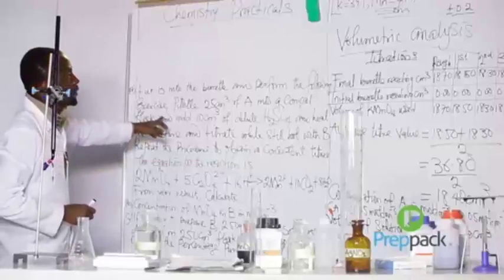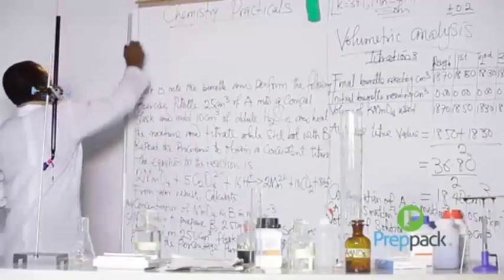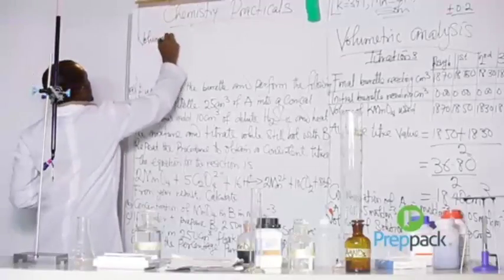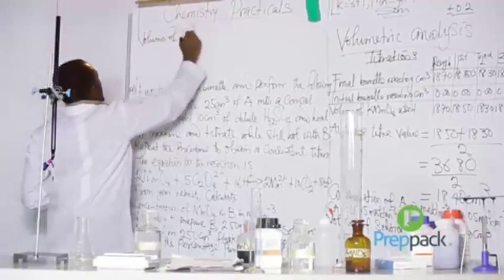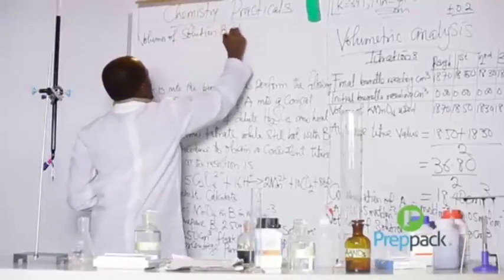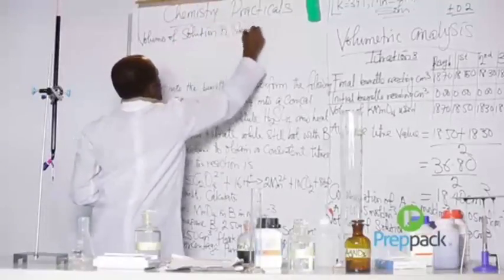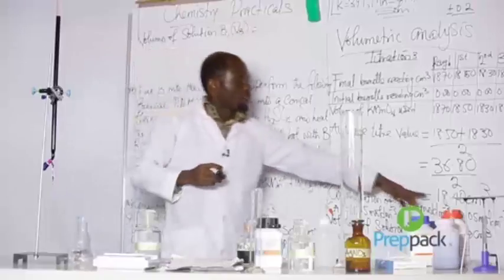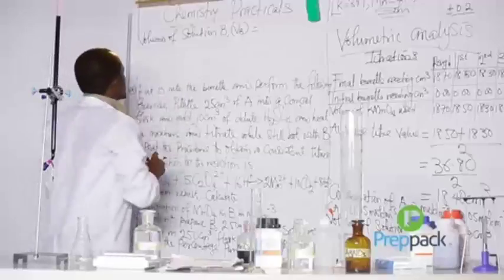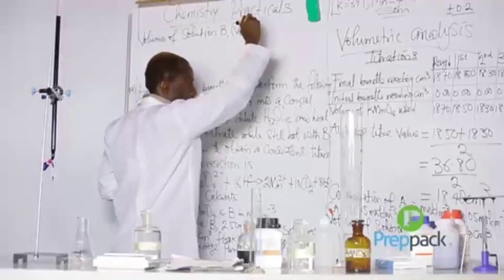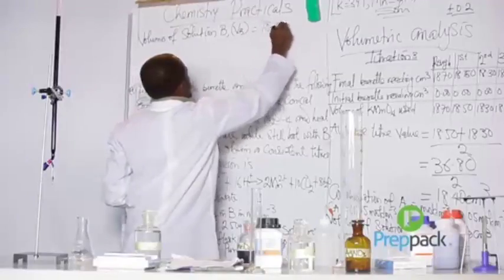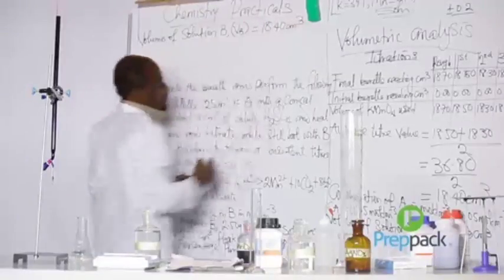Now the volume of solution B, that is the VB, is equal to the average titer value obtained, because KMnO4 was our B. So this one is 18.40 cm cube.